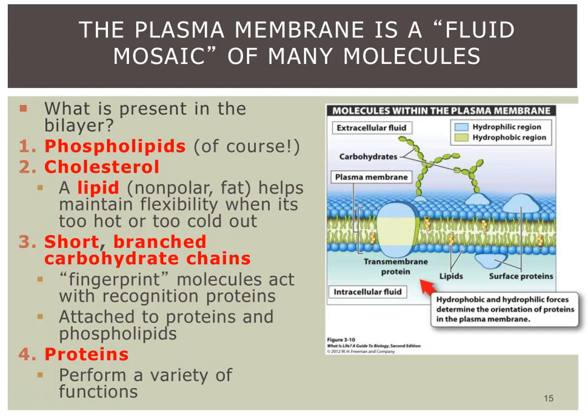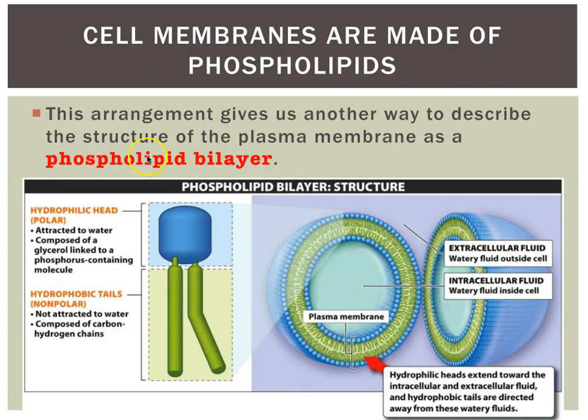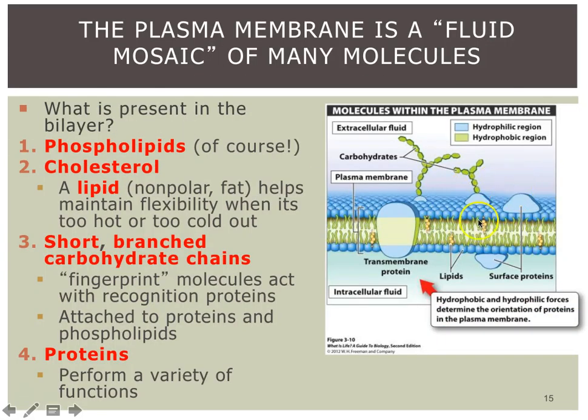But cholesterol inside the plasma membrane, and you see it here, is another type of lipid, and remember the tails are lipids here. So notice how cholesterol is hanging out with the hydrophobic nonpolar tails. That's what they do.